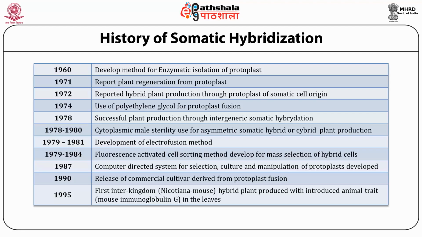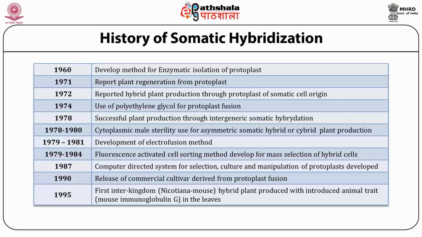And thereafter, in 1972, it was shown that a hybrid plant can be produced through protoplast fusion. So you fuse somatic cells with naked somatic cells. That is what somatic hybridization is, and you can get a complete plant out of it.